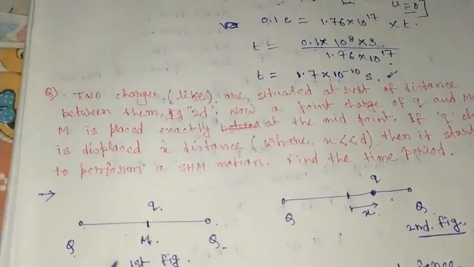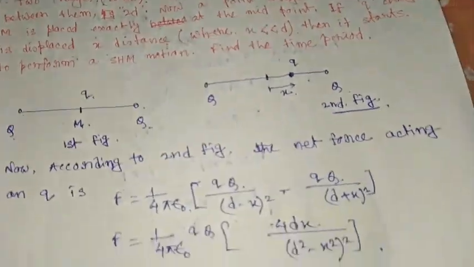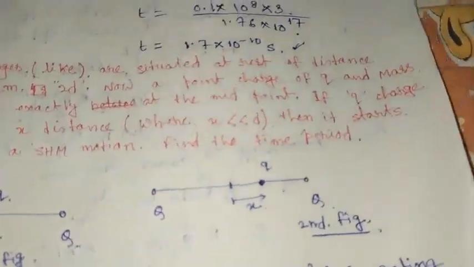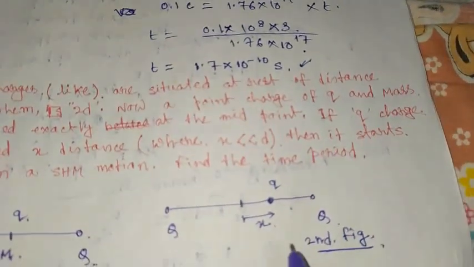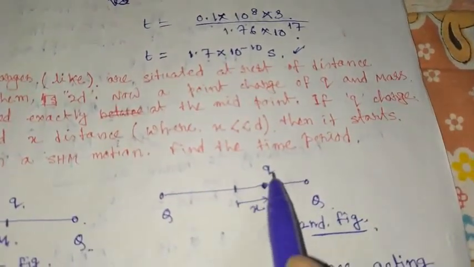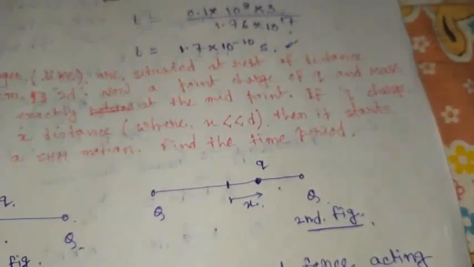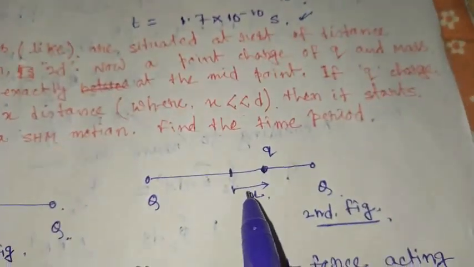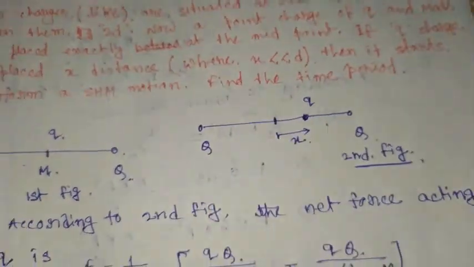You can see it. Now according to the second figure, we move this q to the right side by a distance of x.